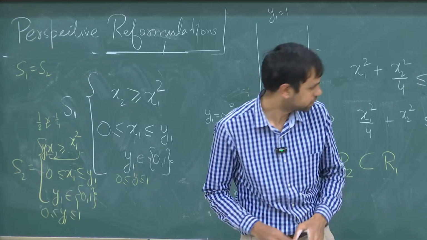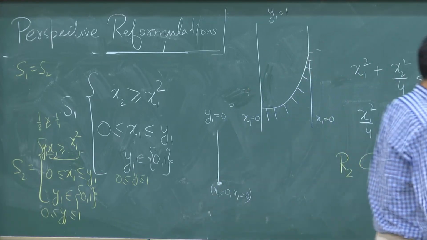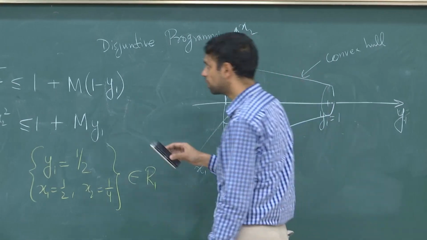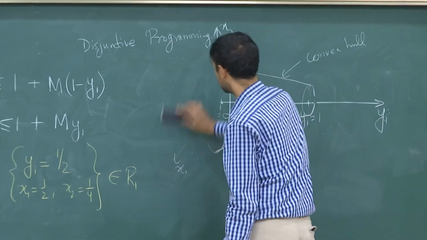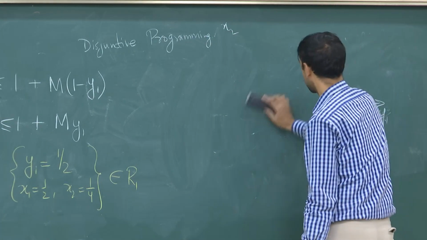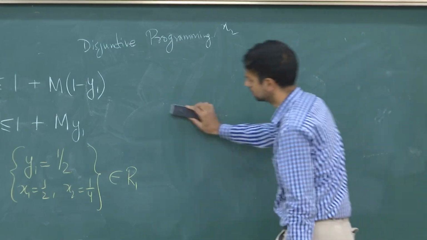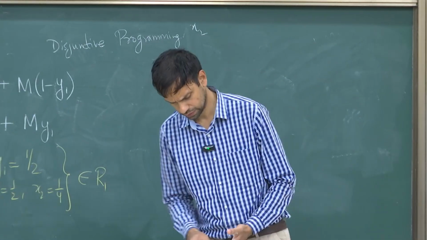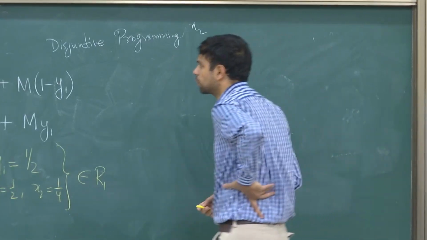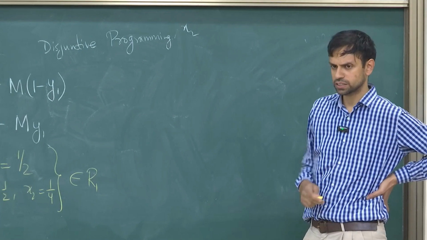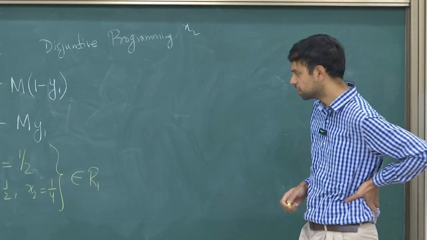So there are two things I want to talk about. One is why is it called a perspective reformulation? Because it is related to something called a perspective of a function. Okay, so that is a mathematical term.